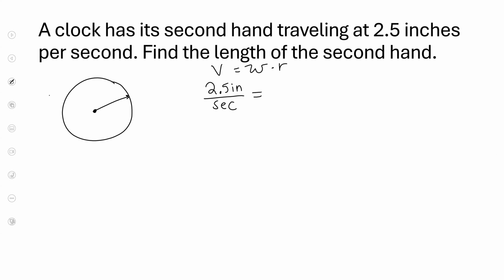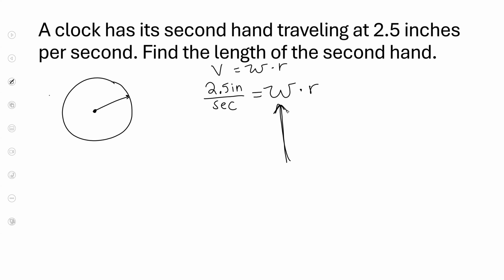Equals. You need to think about what angular velocity will be, and we need to figure out the radius. This, you can figure this out by reading the problem and thinking about it. You're given a clock. You know it's the second hand. It goes tick tock tick, right? Figure out what you should put for this omega.